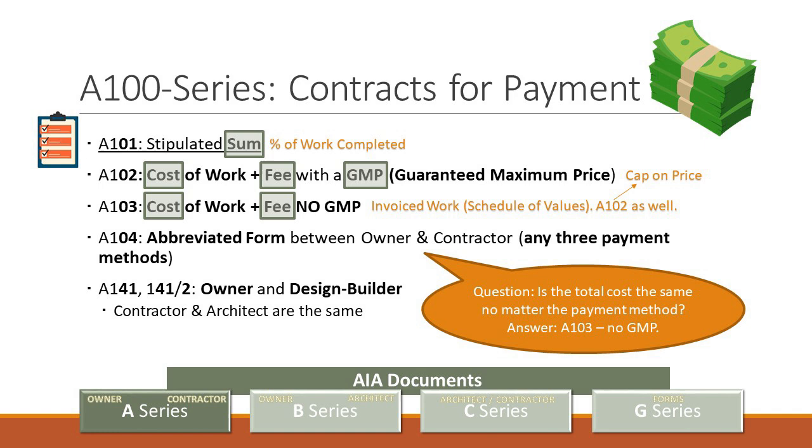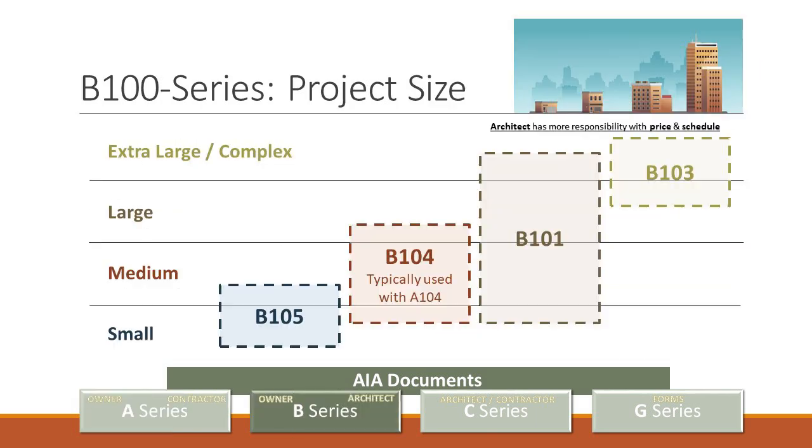The A133 is what's called a construction manager, where the contractor joins the project before the drawings are completed and does pre-construction work, so the parties start working earlier. We'll talk about that again a little later today as well. So those are two other forms, the A141 and the A133.